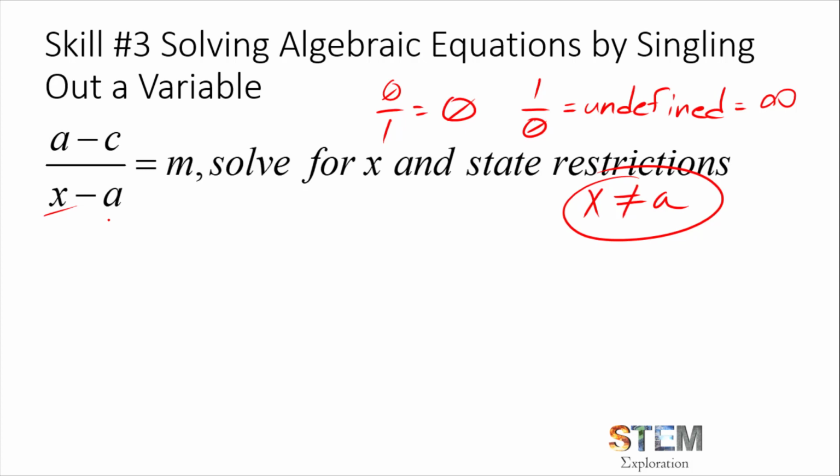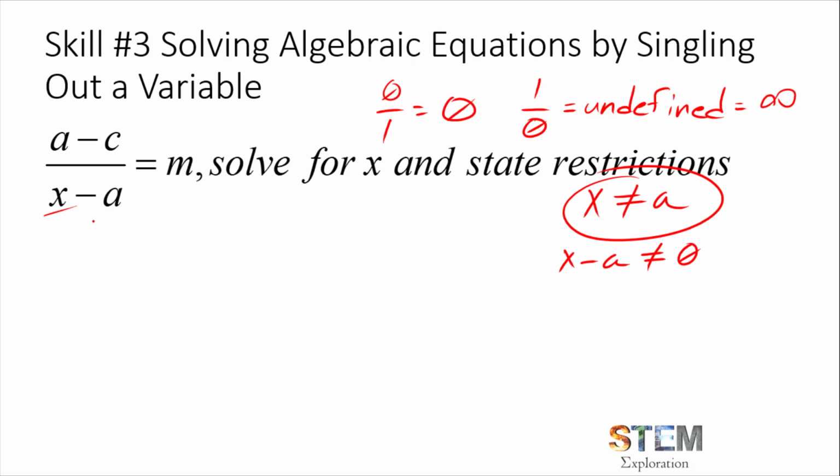Okay, so anytime you have a denominator of 0, you're going to state the restriction. And you have to look at any point in your equation where a restriction might pop up. So as we're solving this, we might have another situation where we can't have something equal 0. You could also say that x minus a cannot equal 0. That would be an acceptable way to state this restriction as well.